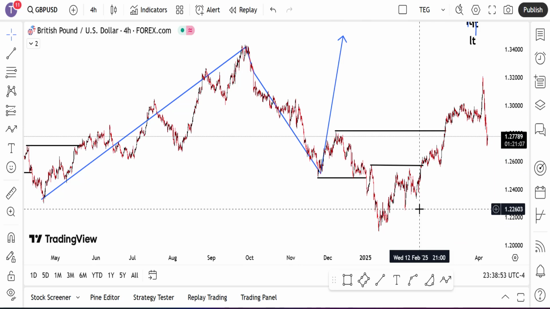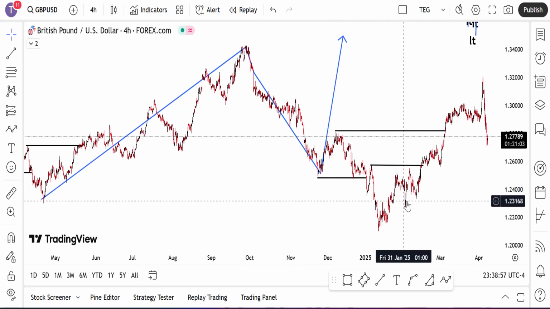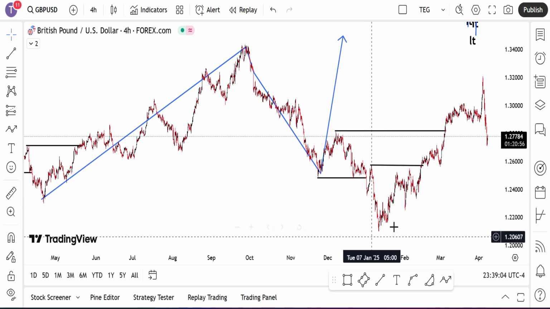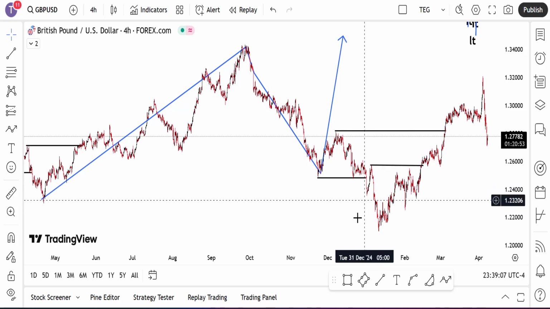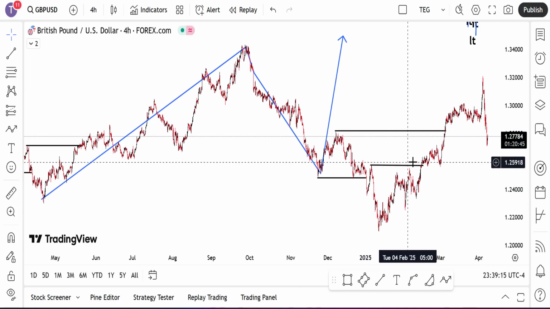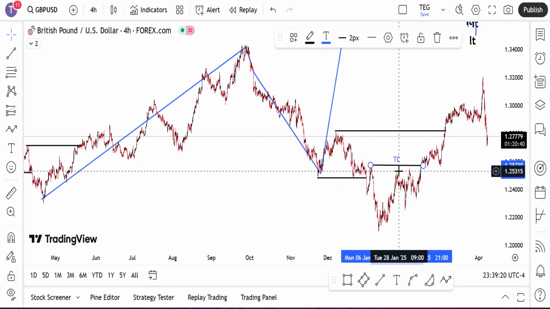So that is it. Once we are able to spot our intermittent swing lows to the left and the right, this is called our long-term swing low. We have already seen our market structure shift, which is the TC bullish at this point.